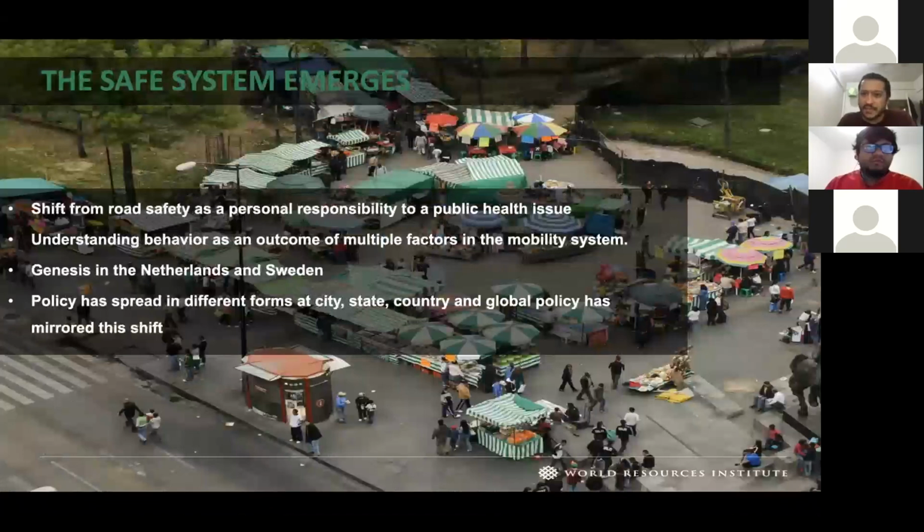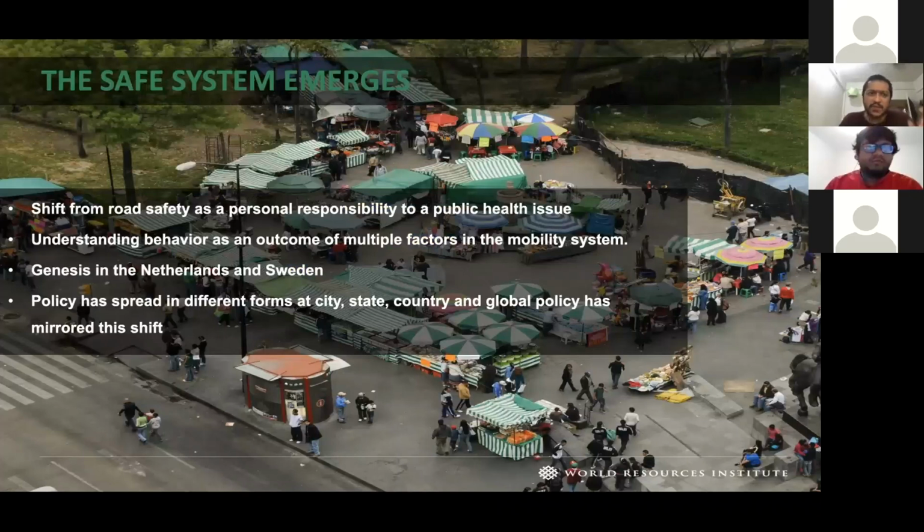The safe system says that road safety has to be shifted from a personal responsibility to a public health issue. Understanding the behaviors of people is very important. People will make mistakes, but it's not like they should be left to die, as they say in the Netherlands and Sweden.